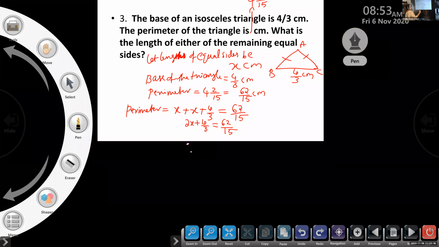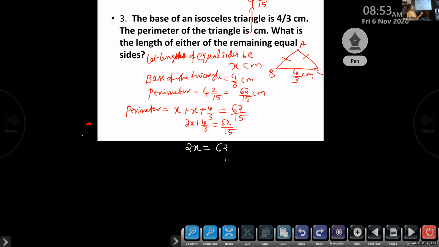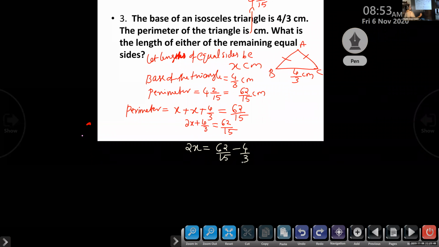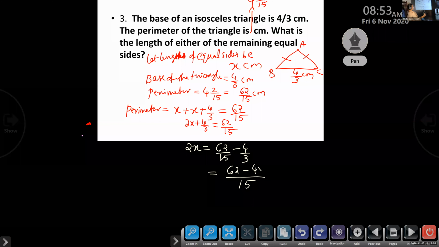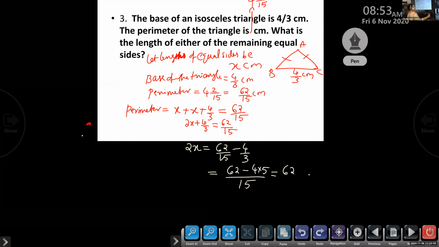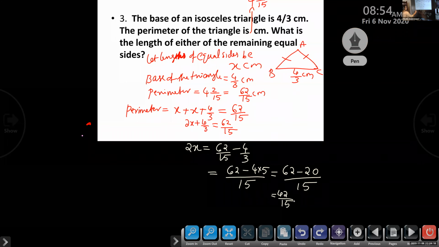So 2x equal to 62 by 15 minus 4 by 3. Taking 15 as LCM, we will get 62 minus 4 into 5, 62 minus 20 by 15, 62 minus 20 is 42, so 42 by 15. 2x equal to 42 by 15.